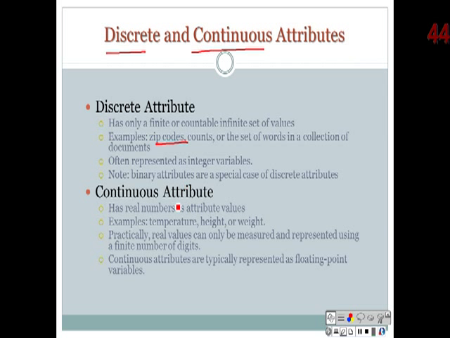A continuous attribute has real numbers as attribute values. Examples are temperature, height, and weight. Practically, real values can only be measured and represented using a finite number of digits. Continuous attributes are typically represented as floating point variables. We can distinguish between those two because different kinds of algorithms will be applied to each one of them.